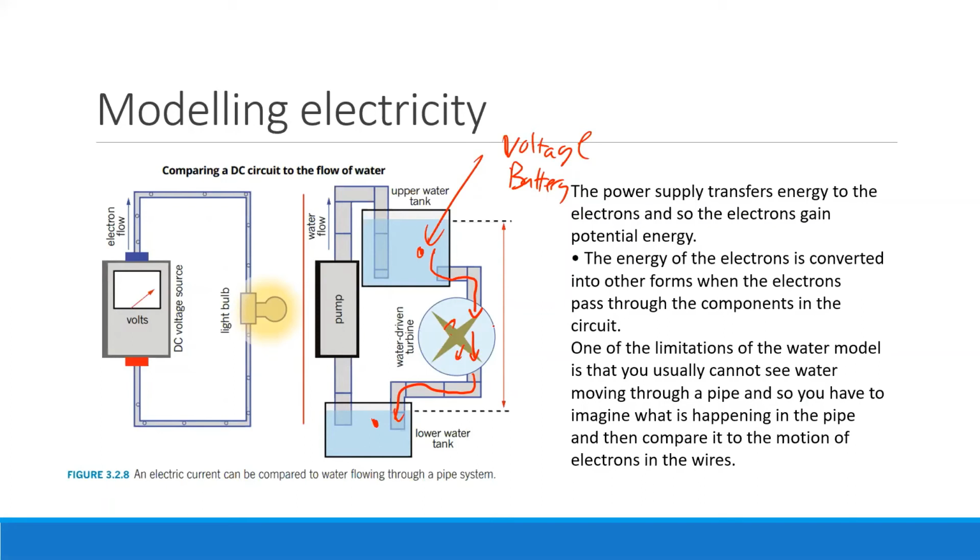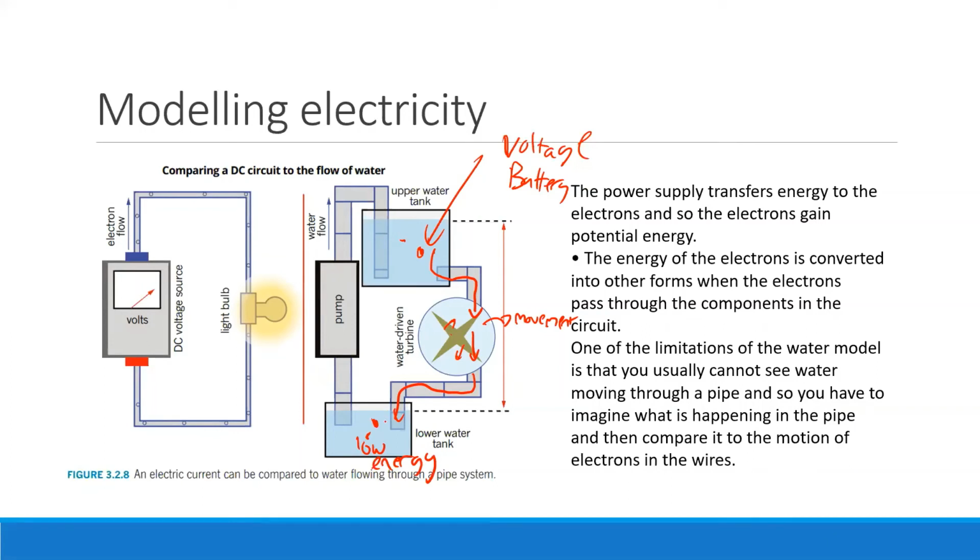This pinwheel is going to convert the energy from the water flowing into movement. As the water flows, it moves this spinning dial, and then eventually that water goes down into this bottom tank. It's lost all its energy, okay? So it's gone from high energy to low energy.